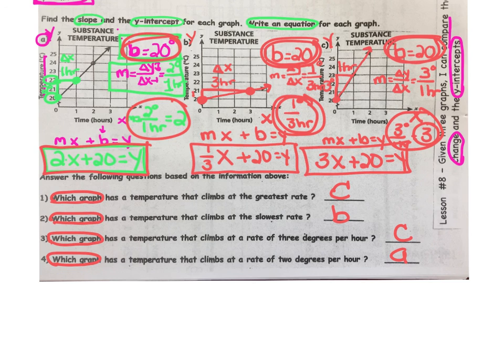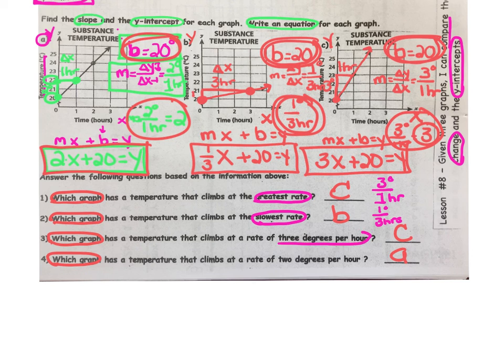Let's compare answers. We can see that the greatest rate of change occurs in graph C. It's 3 degrees per every 1 hour. The slowest rate of change is graph B, 1 degree for every 3 hours.